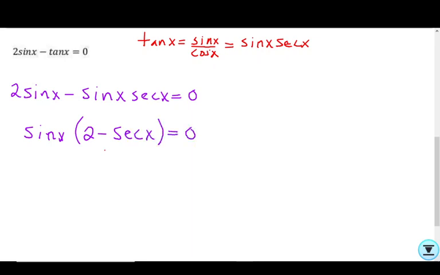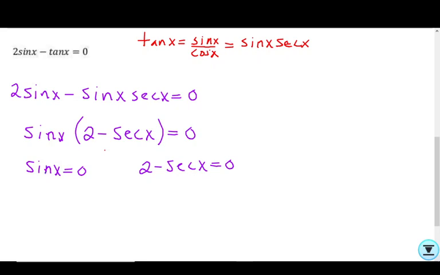So sometimes when we have to do the factoring, we need to use an identity to help us out. Okay? So, here we go. Next step is to set our factors equal to 0. So sine x equals 0, and 2 minus secant x equals 0.